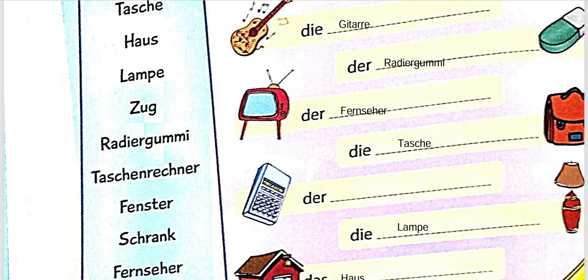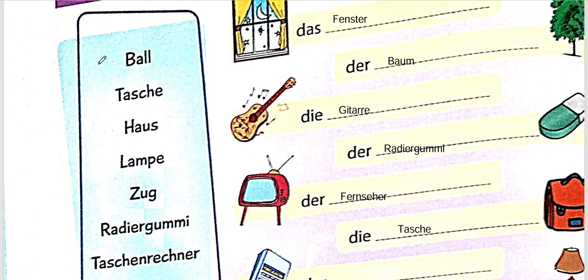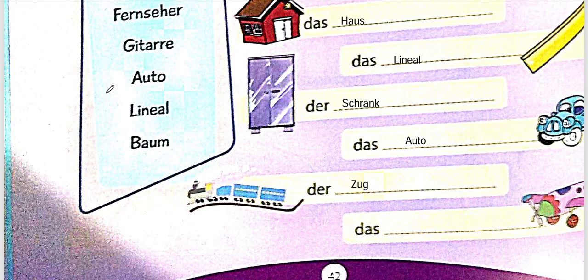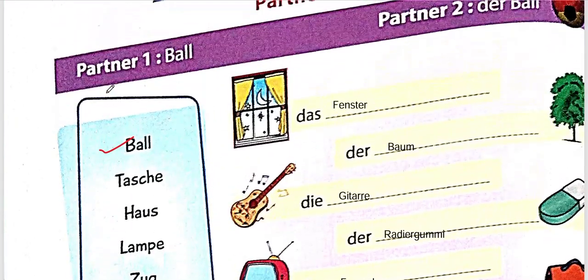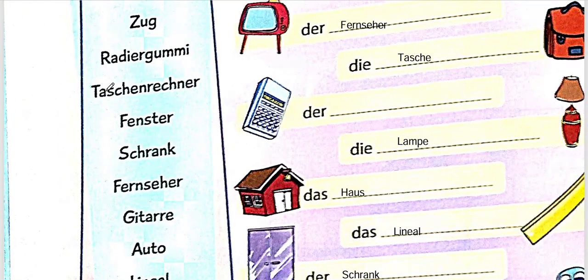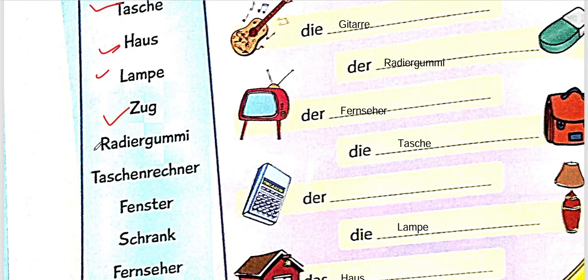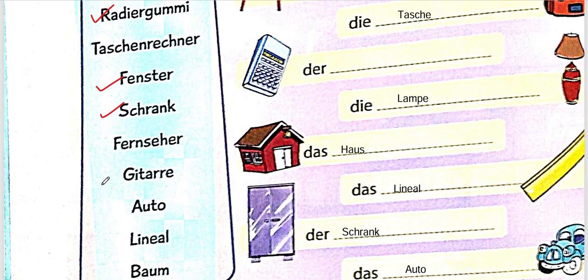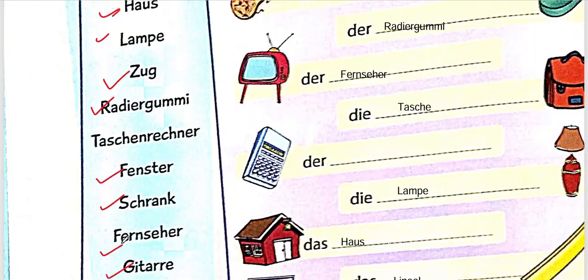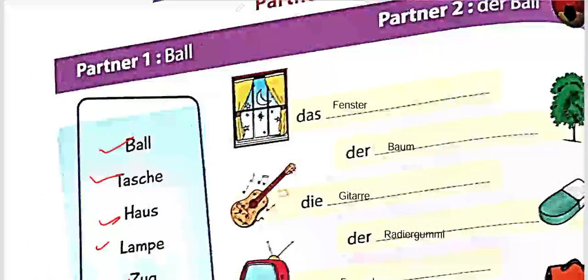So let's tick off the things we have done. We have done ball. No, did we do ball? Where's ball? I guess it was the first one itself. Tasche, Haus, Lampe, Zug, Radiergummi, Taschenrechner, Fenster, Schrank, Fernseher, Gitarre, Auto, Lineal, and Baum.